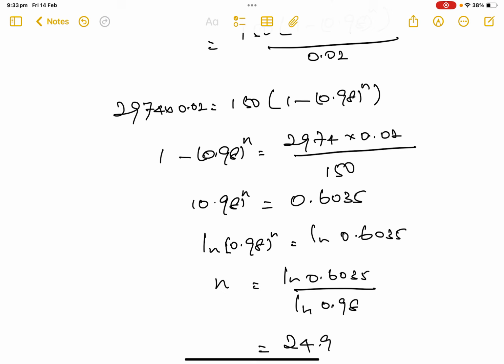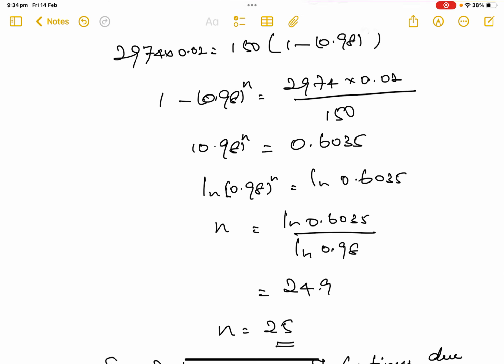Working it out, 1 minus 0.98 to the power n equals 2974 times 0.02 divided by 150.